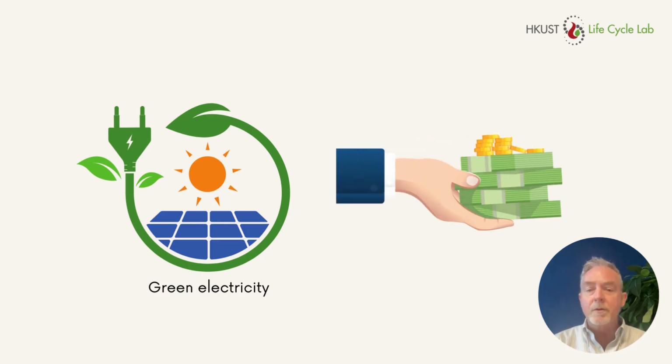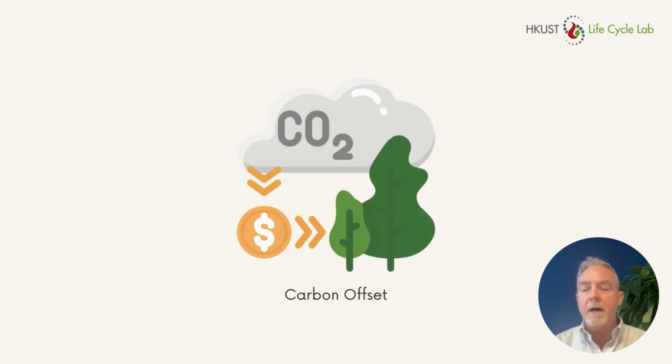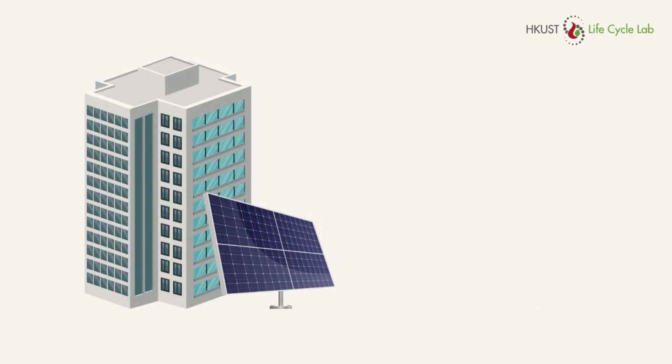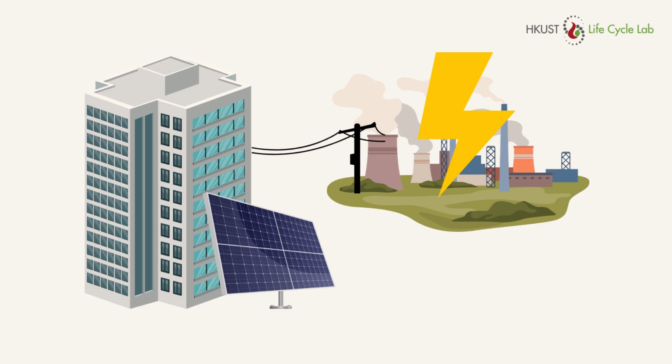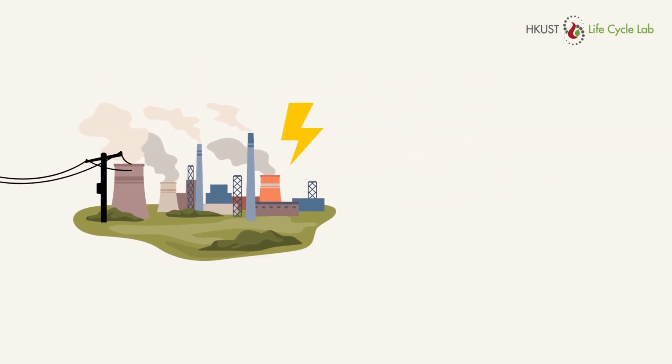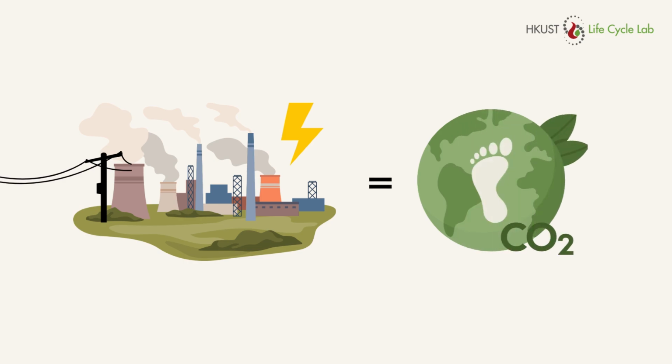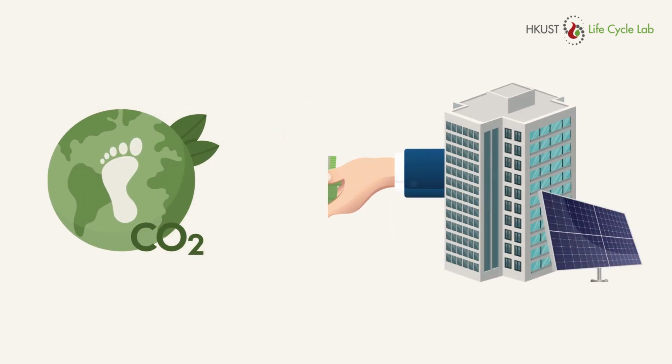And with that revenue, we can buy high quality offsets. So it looks like the building itself with the renewables shrinks the amount of electricity. And then for the electricity that we buy from the grid, we calculate how much greenhouse gas emissions are in that component. And then we use the revenue from the offsets to pay it down.